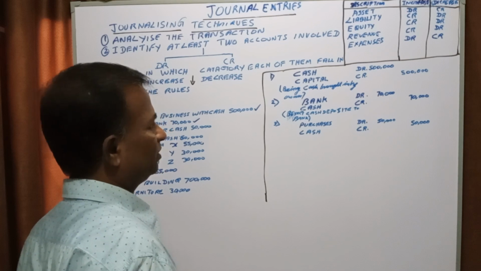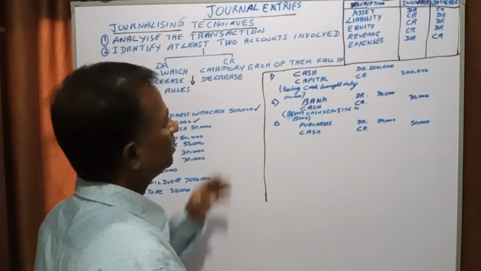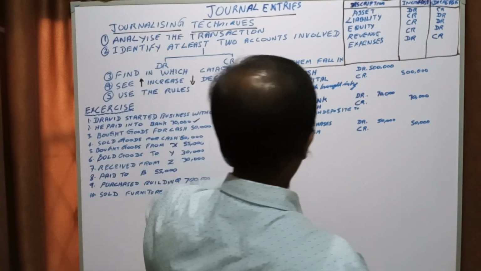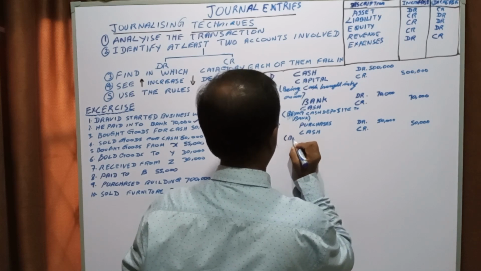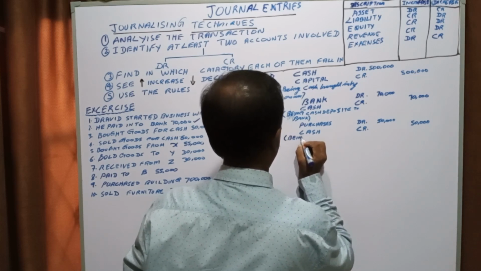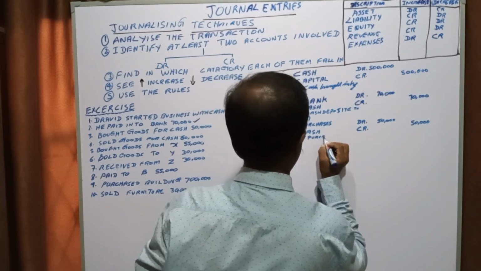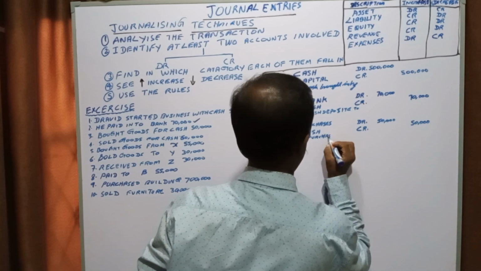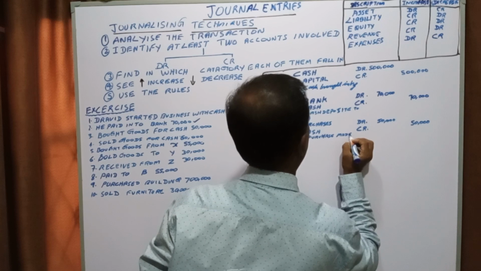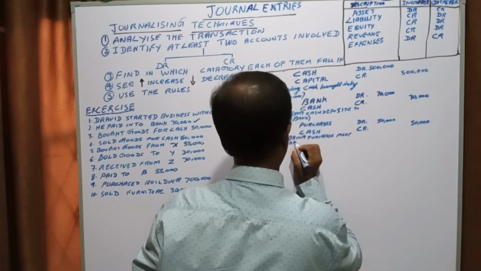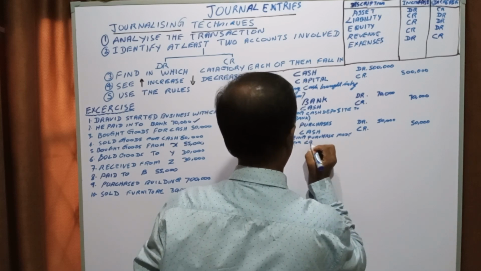Earlier also we would have explained. I should have explained like that. Okay. For this being purchase made for cash.